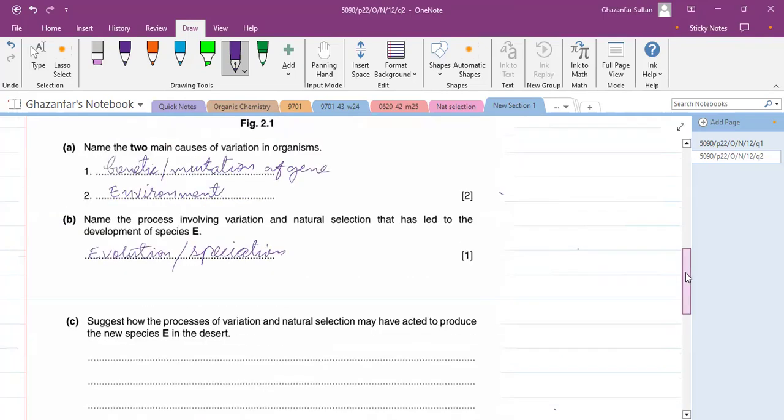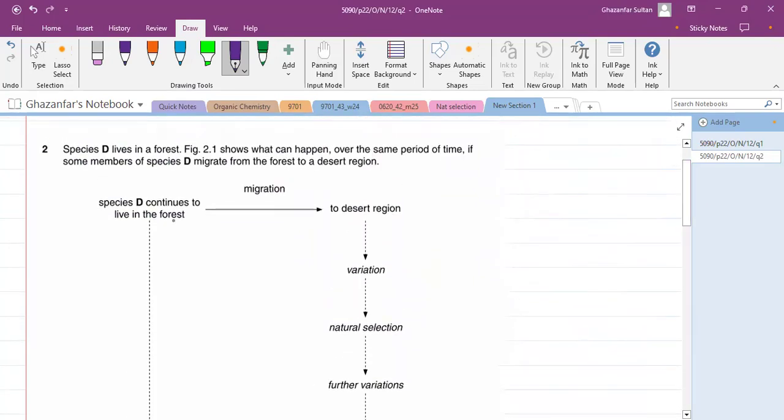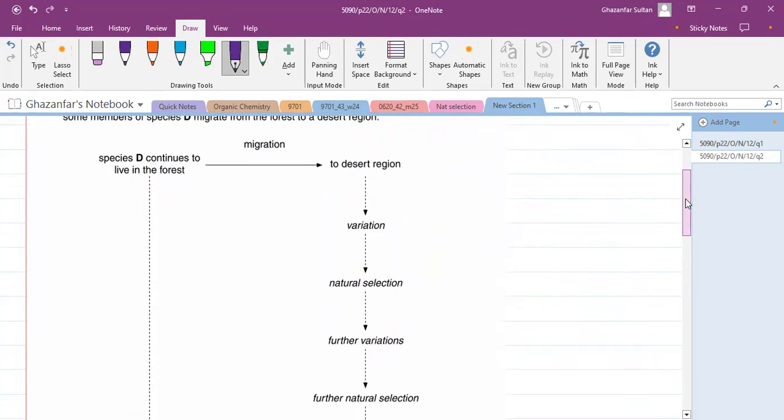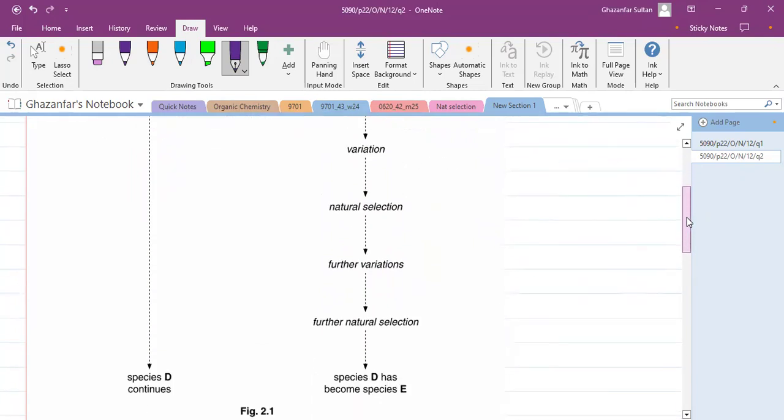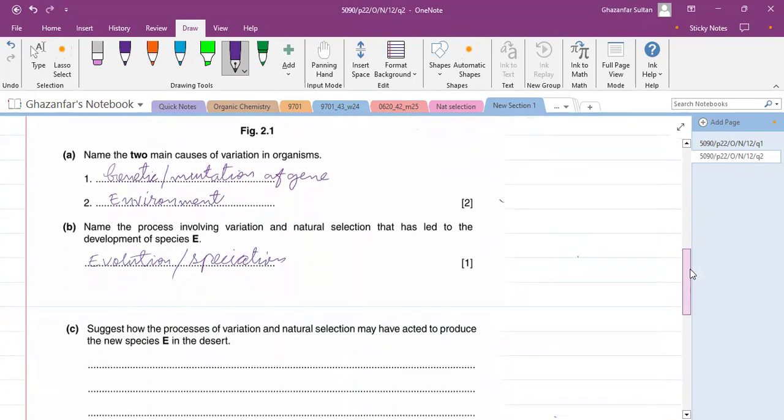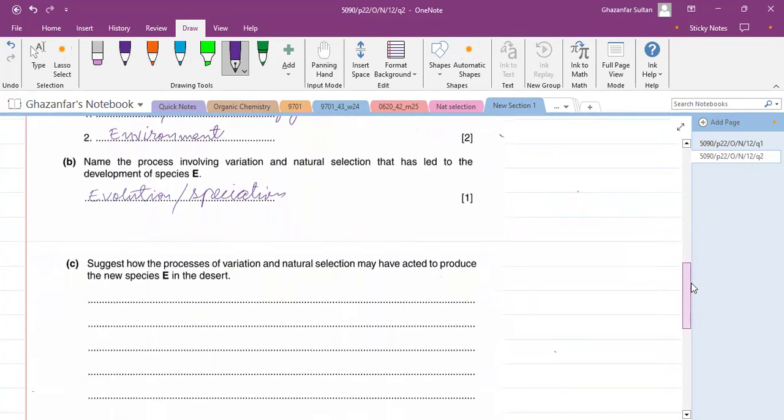So one was in the forest, and some of them migrated to the desert region, so the chances of mating between those in the forest and those that migrated to the desert become less, or it becomes impossible. So that's why speciation occurs.